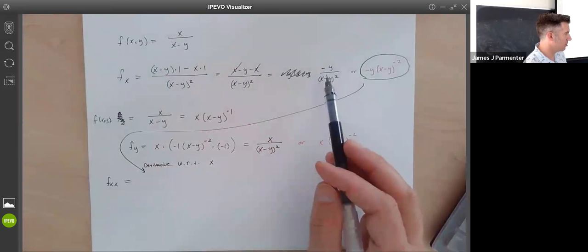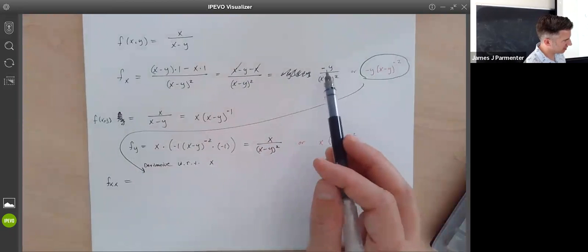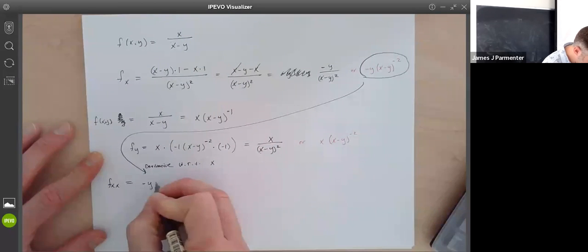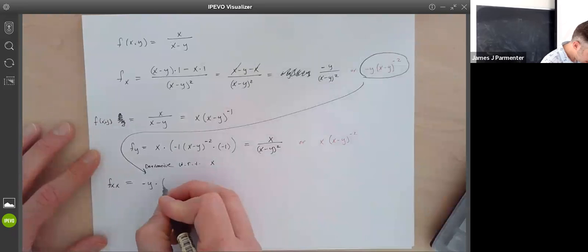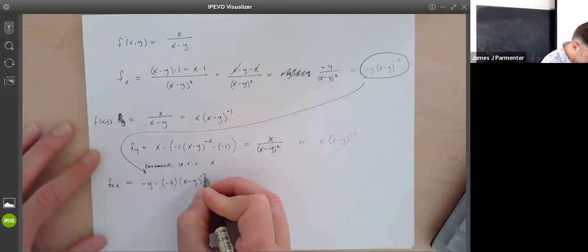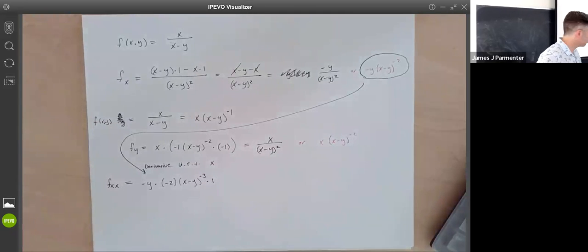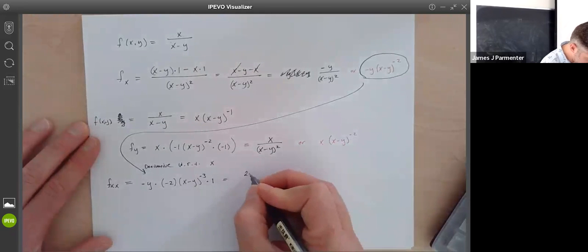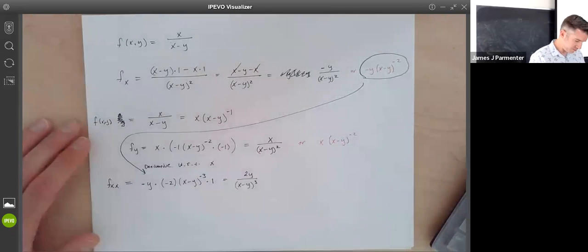I could use the quotient rule, but part of it's going to be 0. So if I don't have to use the quotient rule, I kind of try not to. So that negative y is going to stick around. And then the derivative of some stuff to the negative second is negative 2 times my stuff to the negative third times the derivative of my stuff, which is just 1. I might simplify this as positive 2y over x minus y cubed.